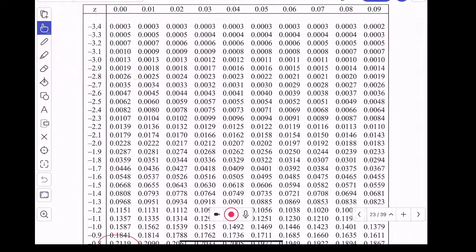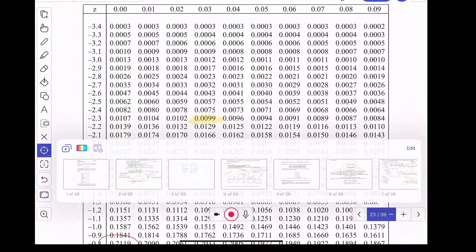Looking for 1% in this table brings us to here. That's the closest. And it's negative 2.33, as I promised you.